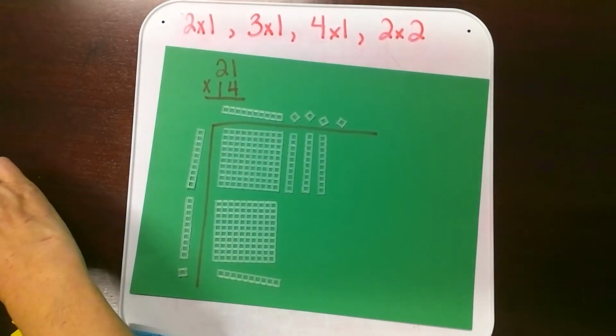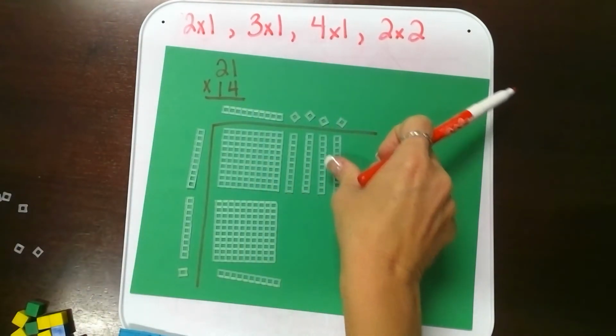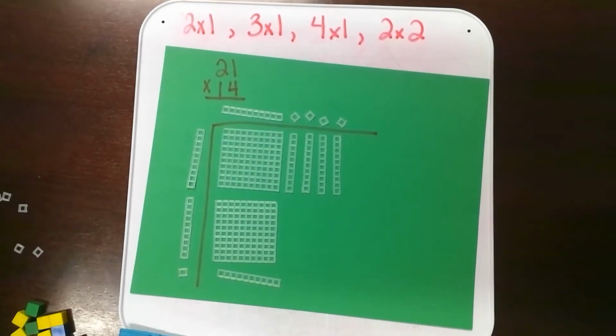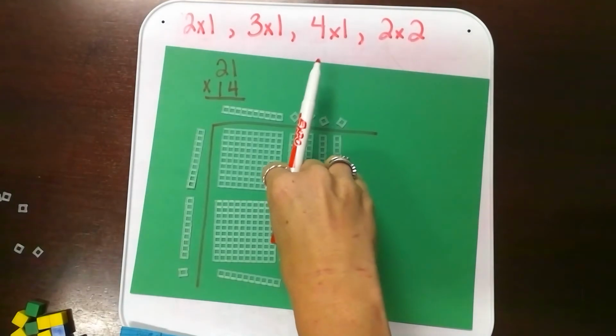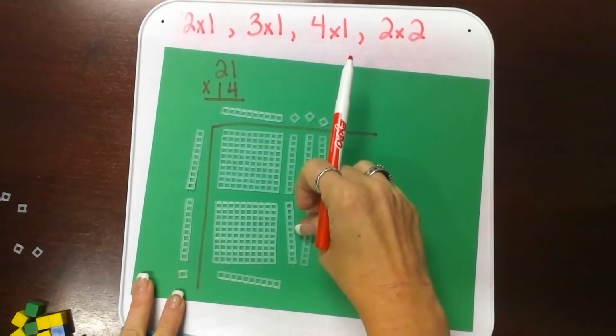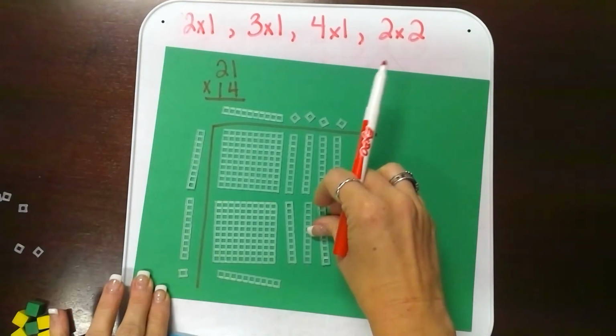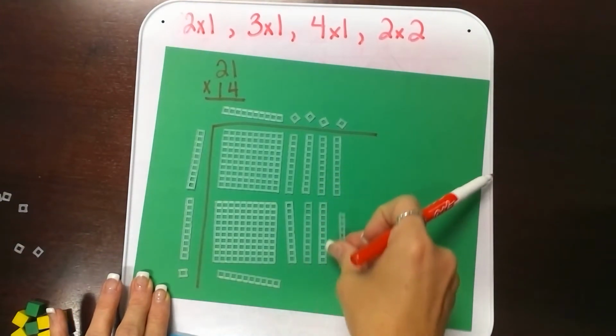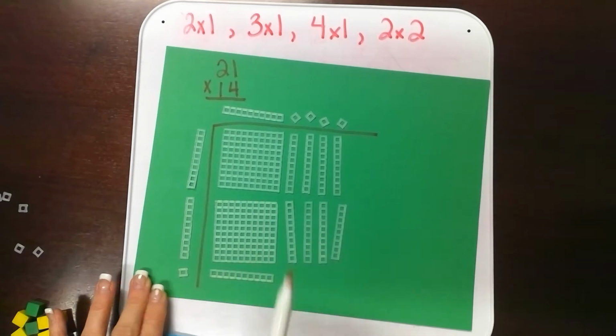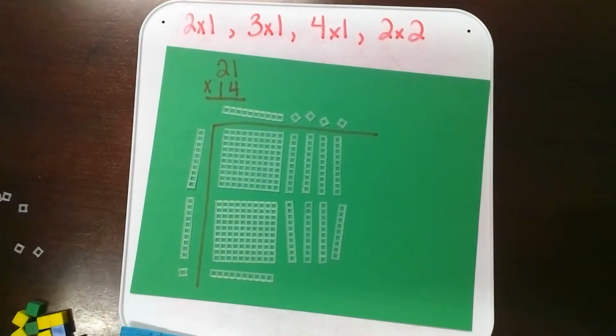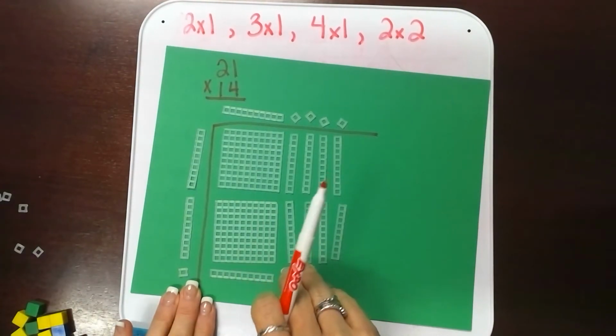10 times a 1, a 10, and so on for each of the 10s. Now I have 1 times 1, which is 1.